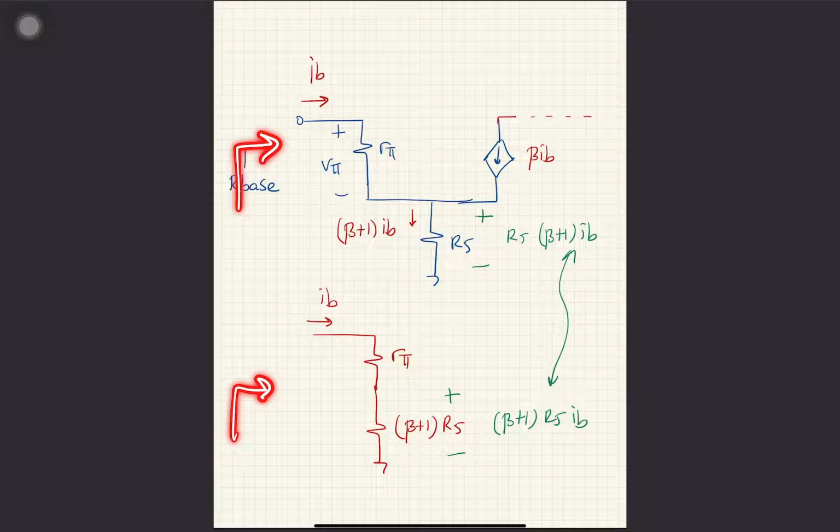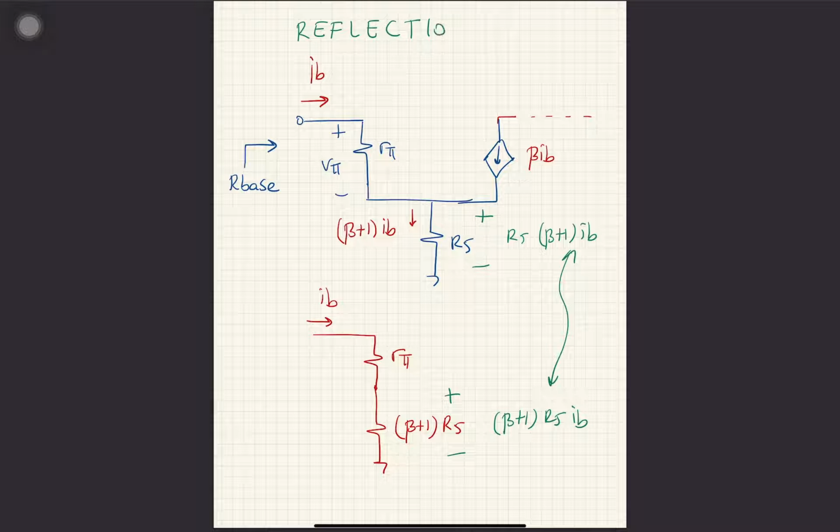And you can take this into account by multiplying R5 by beta plus 1 and putting it in here. And this is known as the reflection rule. And it helps you to find the input resistance in a much easier way.